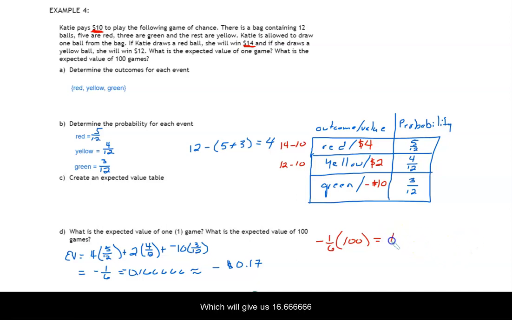Which would give us 16.66666, and again that repeats and is a negative, so negative $16.67 for 100 games. Okay. So if you played this game 100 times, you're going to be looking at losing about $16.67. So definitely not a game you would want to be playing.